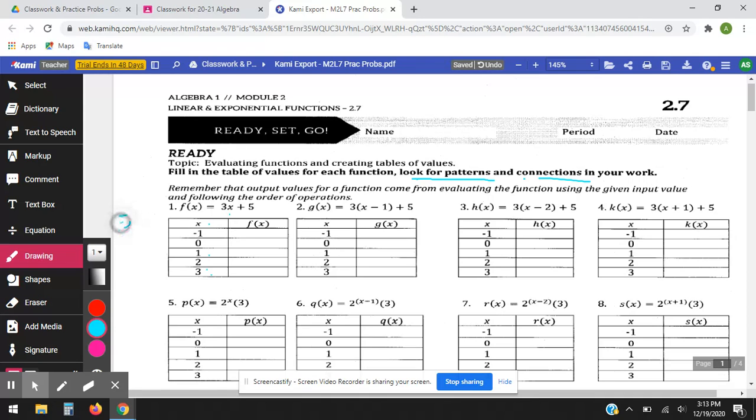So 3 times -1 plus 5 would be -3 plus 5, which is 2.